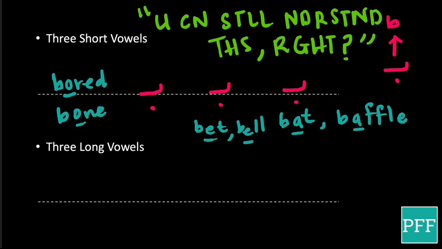Okay, let's move on to the three long vowels. There's 3 of them. There's an A, there is an E, and there is an U. So again, if I take my be example, I'm going to draw 3 bears.